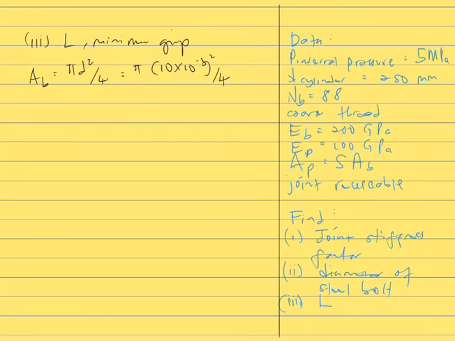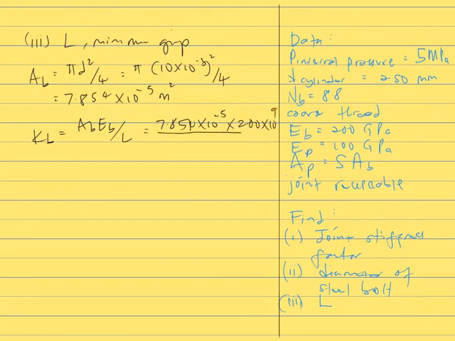So we get the value of Ab as 7.85 power of negative 5 meter squared. Next, we find the value of Kb, which is Ab Eb over L, where Ab is 7.854 power of negative 5 times Eb, which is 200 gigapascal, divided by L. So we simplify.